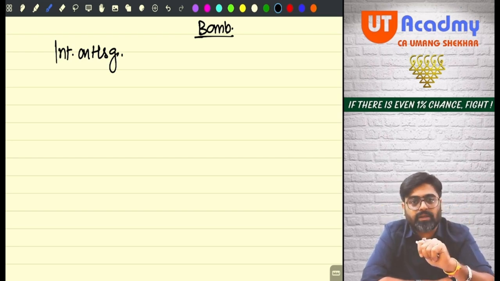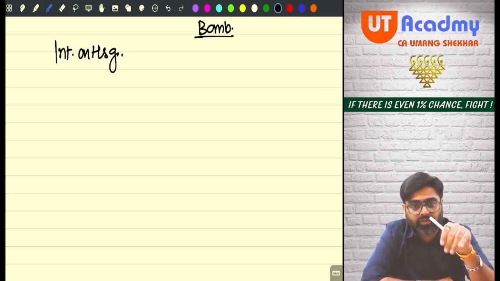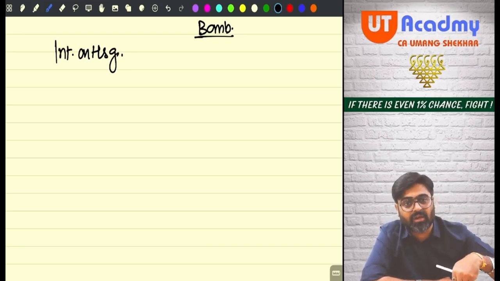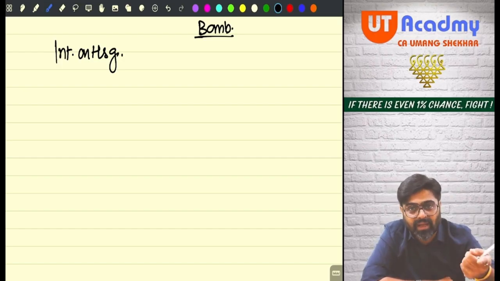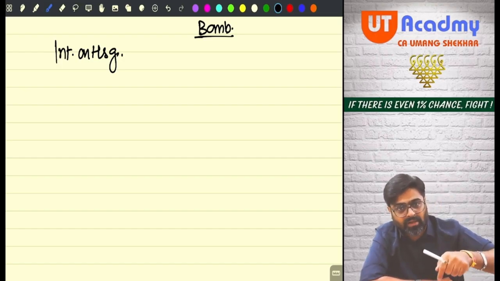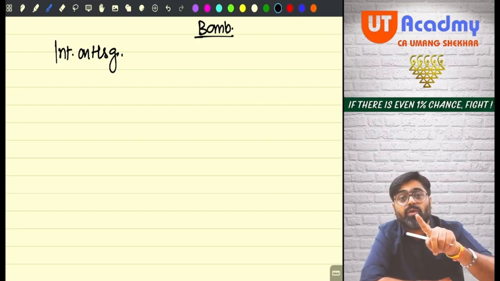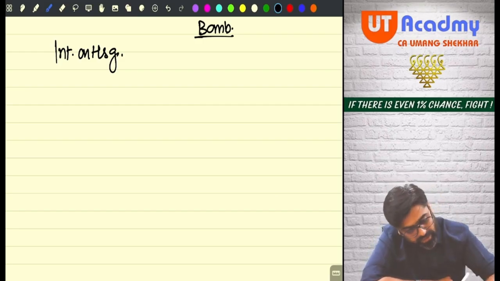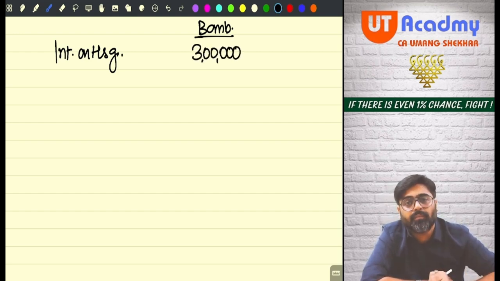If nothing is mentioned, then that 30 lakh is entirely outstanding. But they have mentioned clearly that the loan is still outstanding. Can I say that in the previous year, the loan for the Bombay house property was outstanding the entire year? On that 30 lakh, I will have to give interest for this year of 10%, meaning 3 lakh rupees. So this 3 lakh rupees is the interest for this year for the Bombay property.